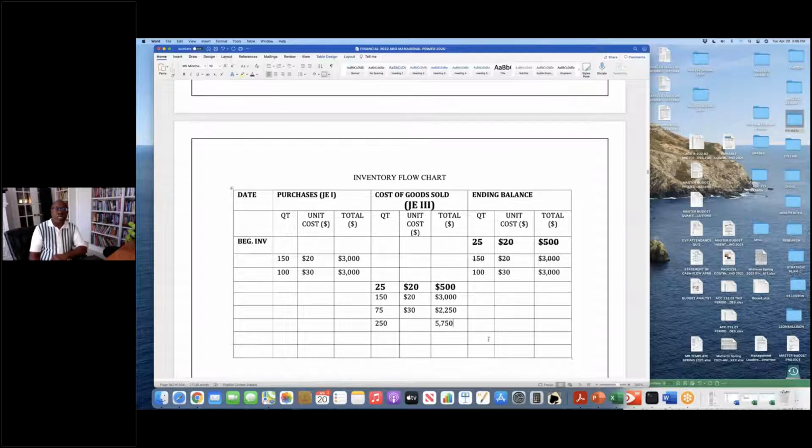And what's our balance at this point left now? We have what? 25 at what? 30, correct? Yes, that is correct. So that's going to be how much? 750.